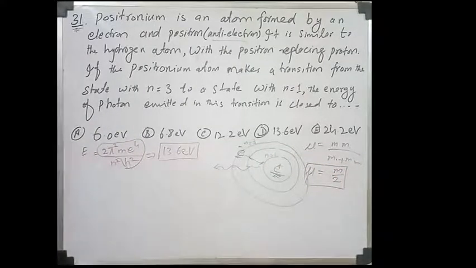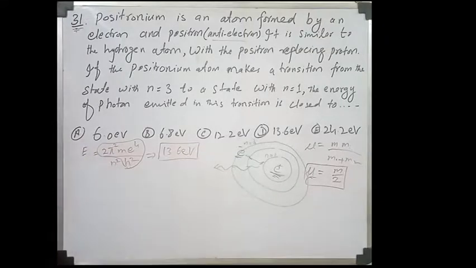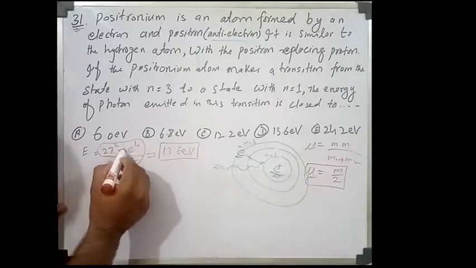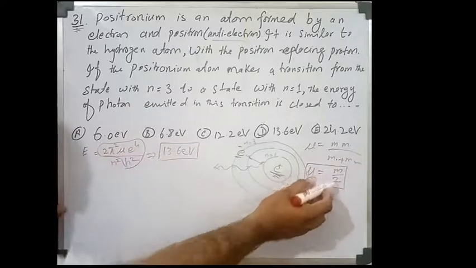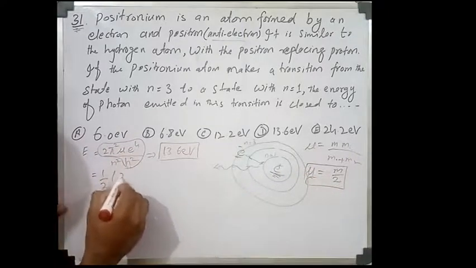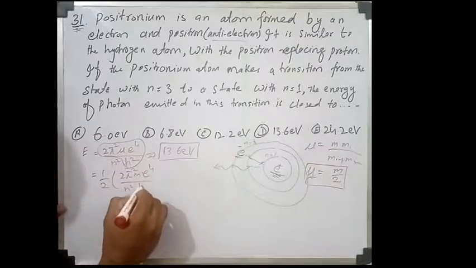So this reduced mass will slightly change the energy formula. If we put in the reduced mass, whose value is m by 2, this will become half of 2 pi square m e power 4 divided by n square h square.